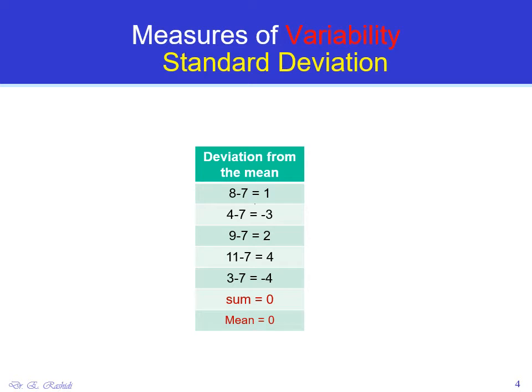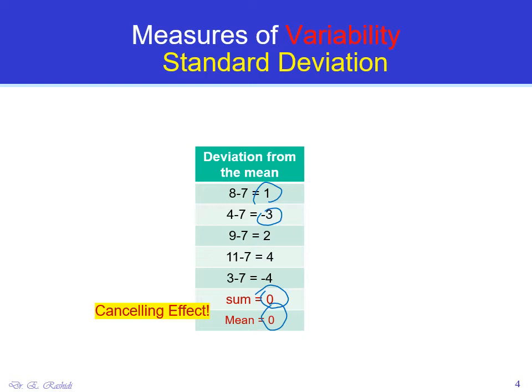The problem was that we had positive and negative deviations, so we would end up with a zero summation and an average of zero. This is called the cancellation effect, because the positive and negative values cancel each other out.